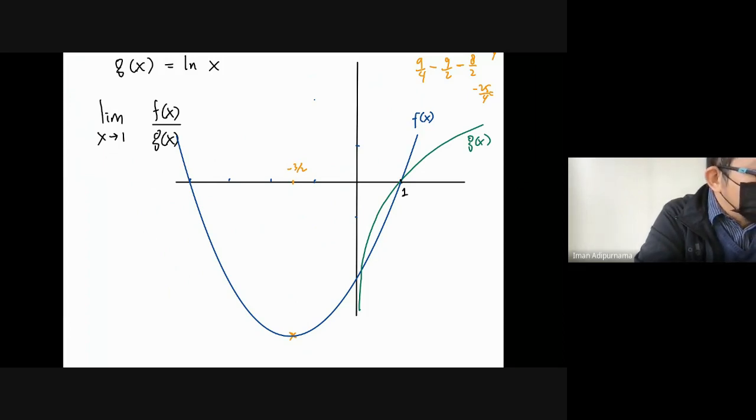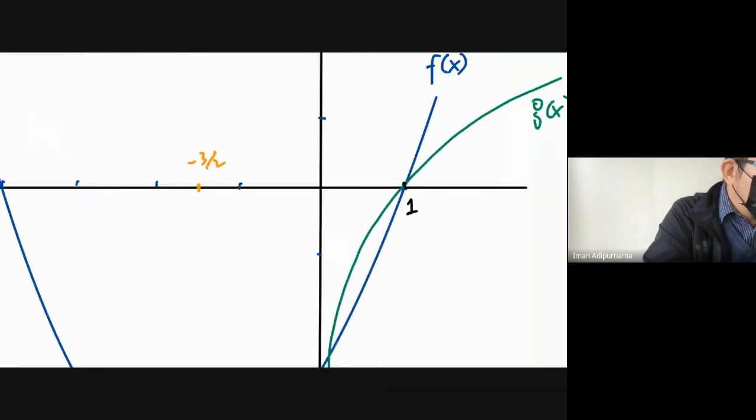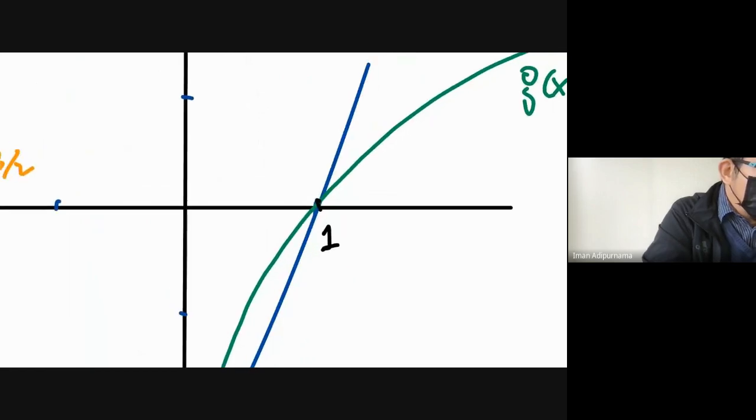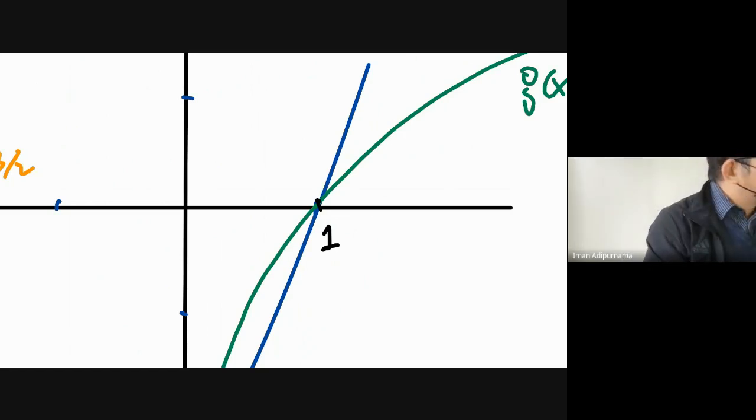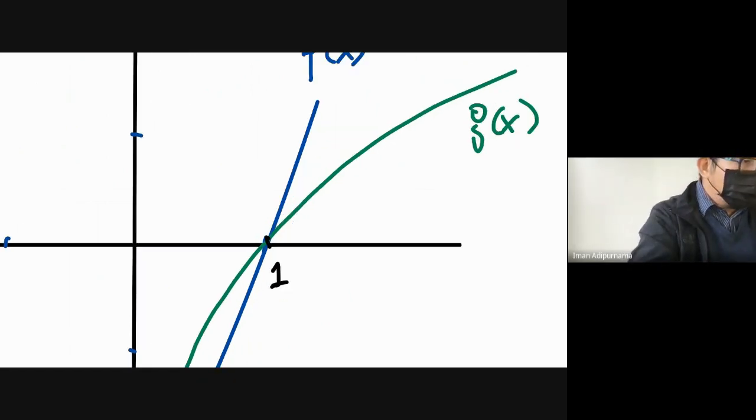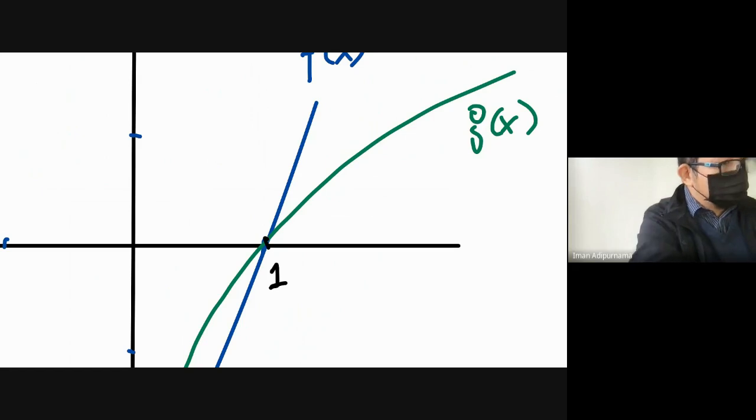Okay, now to imagine what is happening at x equal 1, let's look closely. Imagine maybe we look from the right side. So we are approaching from the right. Let me start from the right. So you're moving from here and then approaching 1.